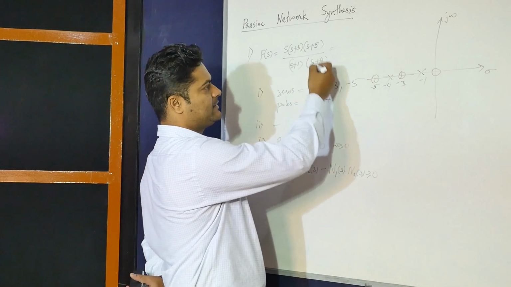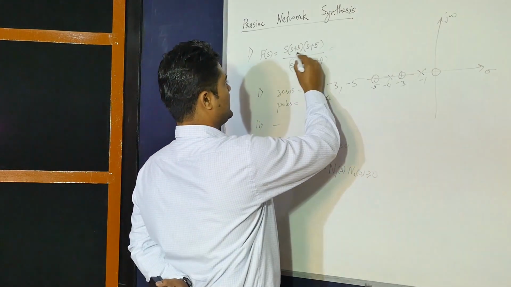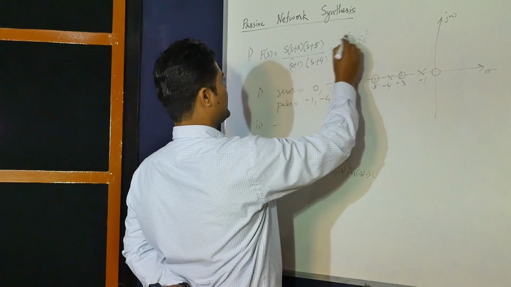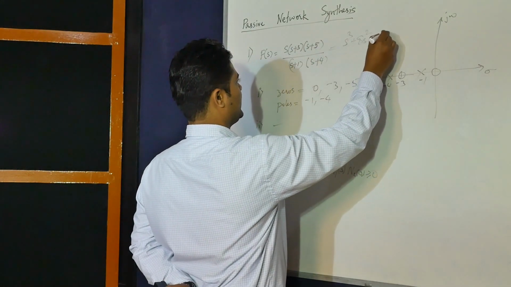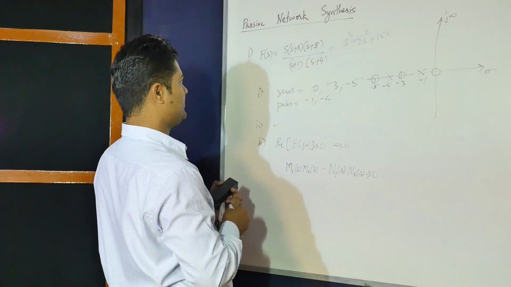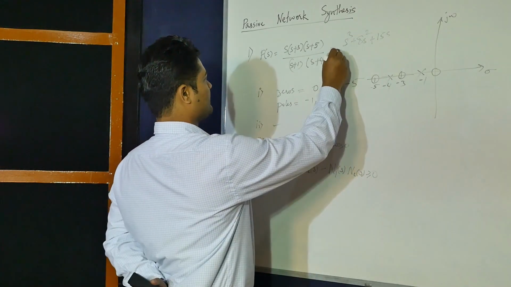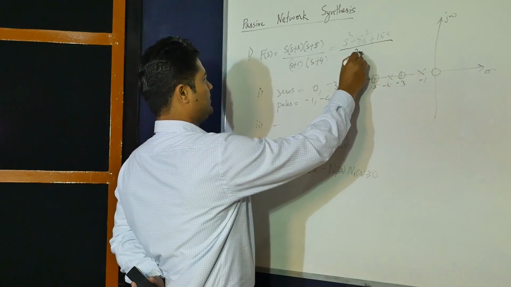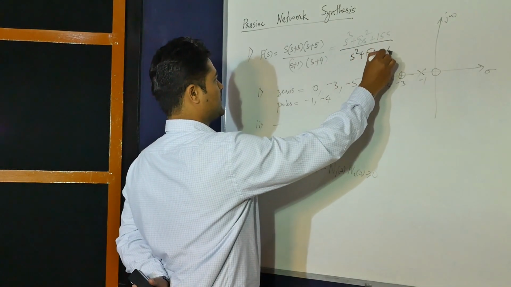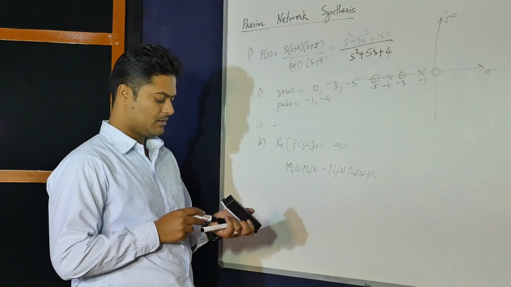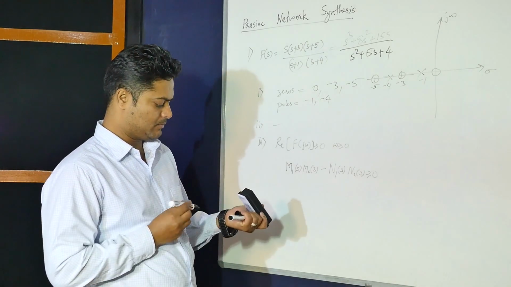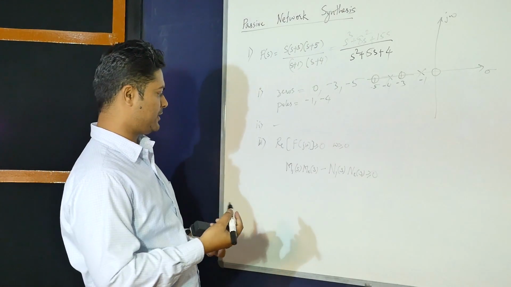So I will expand this: we have s cube plus 8s square plus 15s, divided by s square plus 5s plus 4.